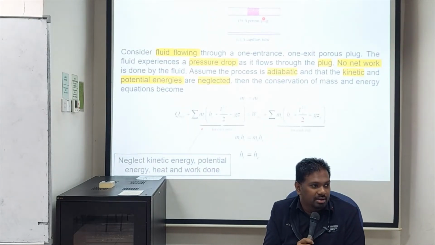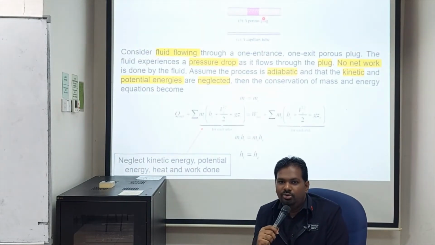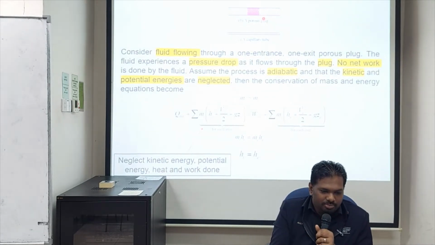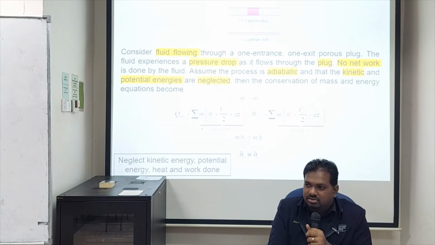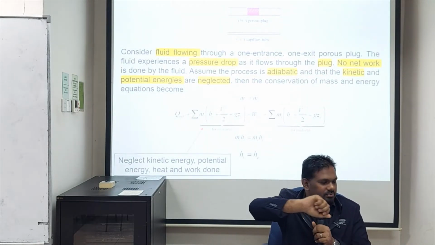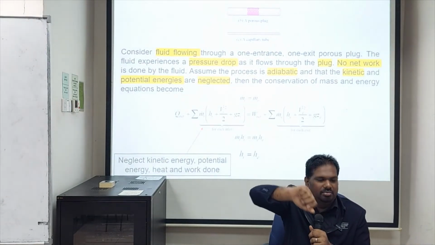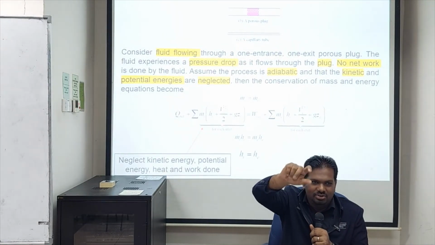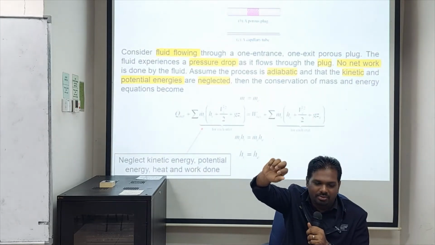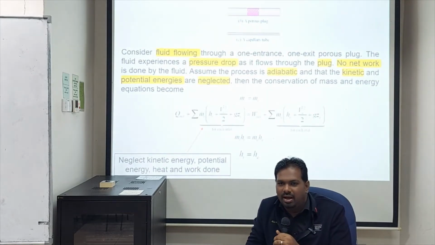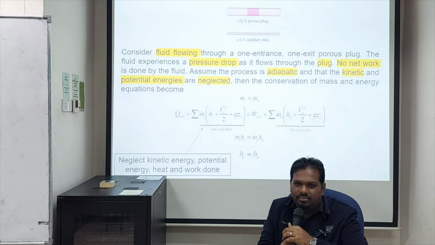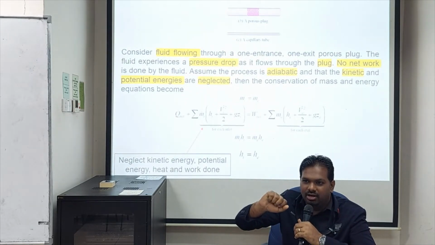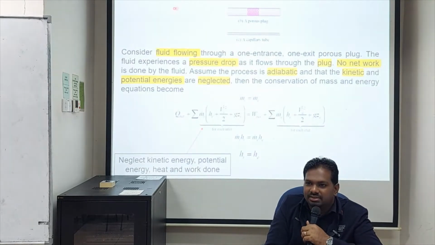So throttling maksudnya control. Okay. So katakan you ada satu pipe. So you ada apa? Valve. So you have a valve. So kalau you tutup valve, apa akan jadi dekat flow? Stop. Kalau you buka sikit, speed akan jadi kurang. So that is a throttling device.